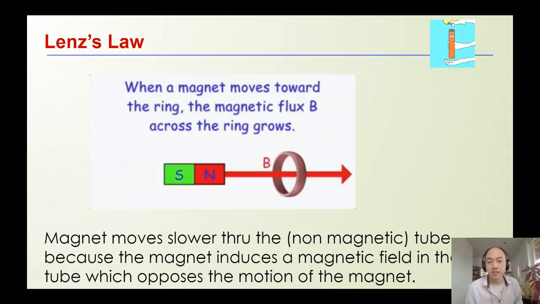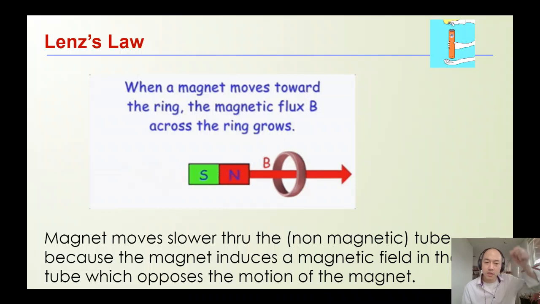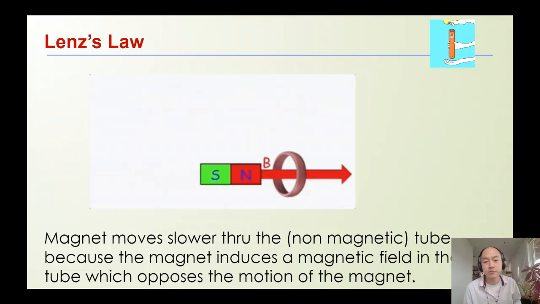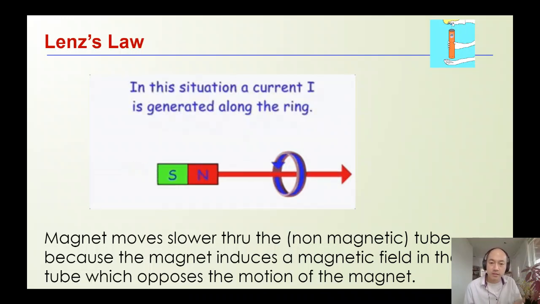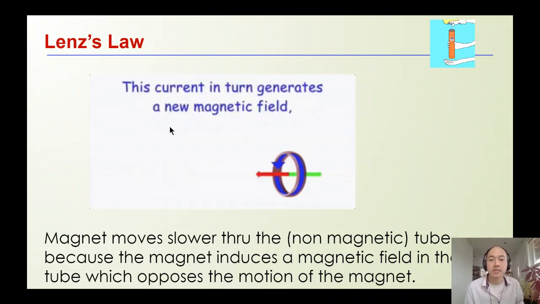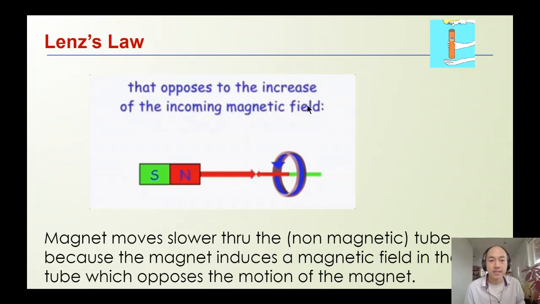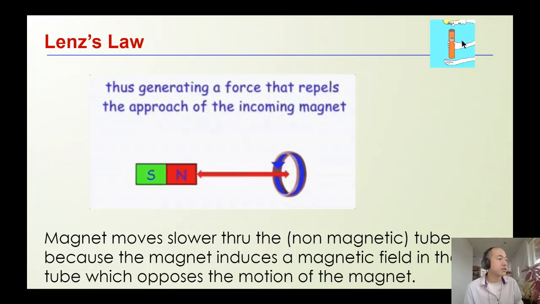There's a long tube where when you drop the magnet through the tube, it slows down the dropping. Unfortunately we don't get a chance to do this here remotely, but this is what is called Lenz's law. And there's a little diagram here in the upper right that shows what that demo would look like.